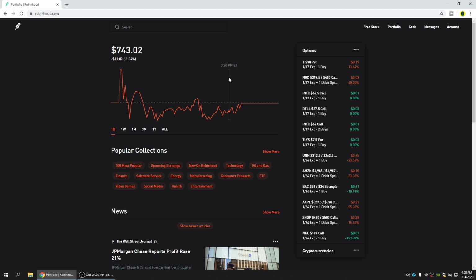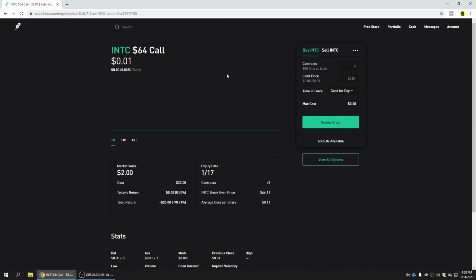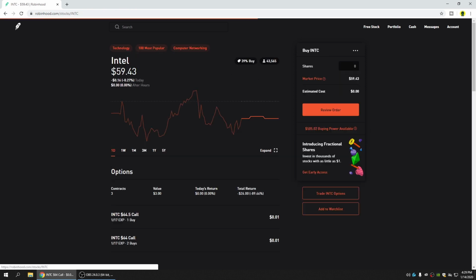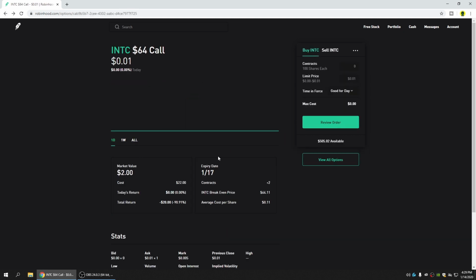Now, what does the break-even price actually tell us besides how to navigate how much money we're actually going to make and how far we think the stock is actually going to move when we're buying a strike? Let's go into this INTC call, for example, that we're losing on. This option is going to expire worthless because INTC is trading at 59.43 and the contract expires this week on Friday.